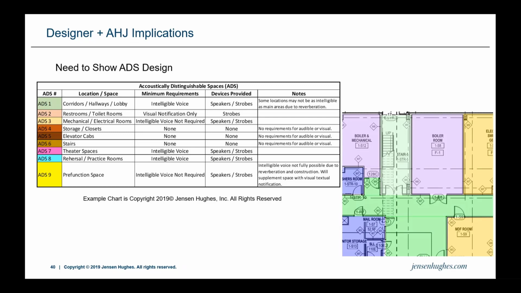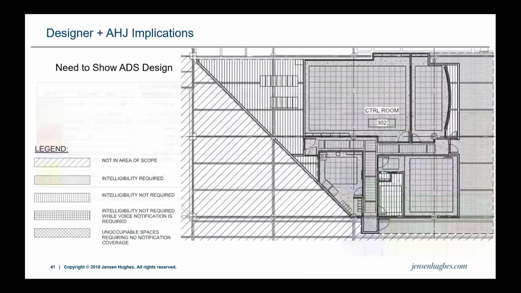But the chart itself may be a good way to go. And so we can identify, well, we've got this pre-function space. We're not going to provide intelligible voice because it's not possible due to the reverberation and the construction of the space. But we are going to supplement the space with visual textual notification, as an example. So this becomes a really good way to define or show your ADS definitions.